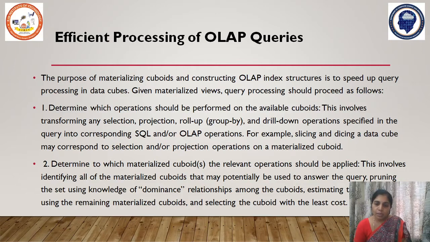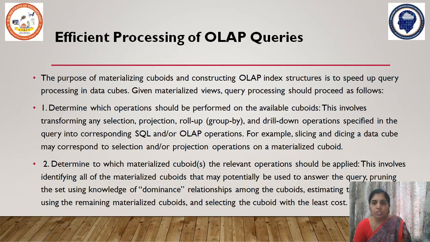So the main intention is when you are going to determine the operations which should be performed on the available keywords, you need to know, right, which operations have to be performed. Next, to determine the materialized keywords to which the relevant operation should be applied, as well as to determine which operation should be performed on the available keywords. These are the two things you need to know. So these are the purposes of materializing the keywords.